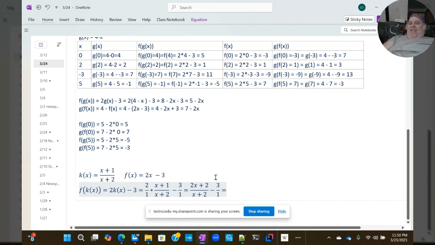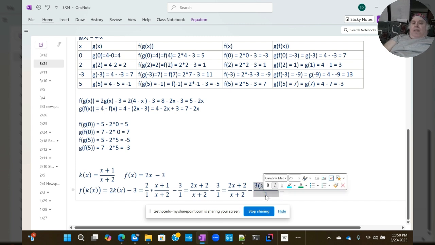Now, what we're going to do is, with x plus 2 and 1, the common denominator is going to be x plus 2. So what I'm going to do now is take this guy and replace him by 3 times x plus 2 divided by x plus 2.